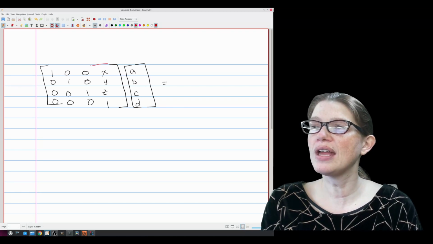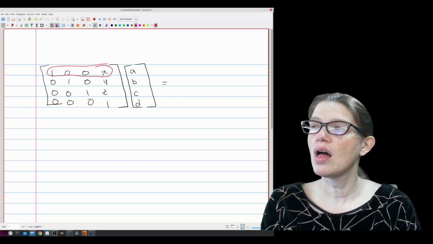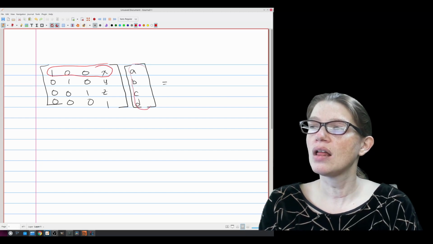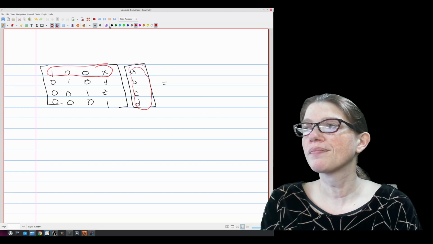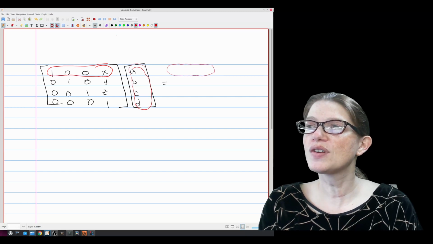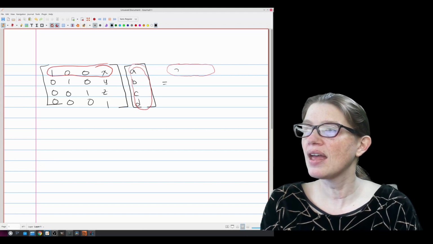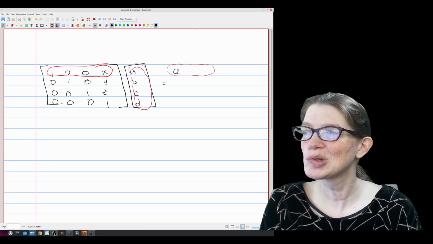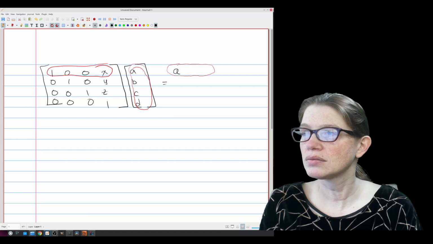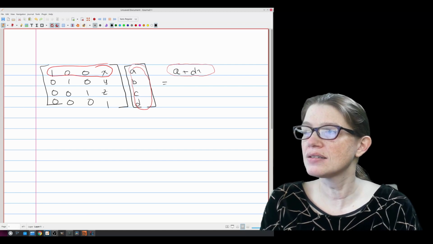And then we're going to perform the multiplication. So we are going to multiply the first row by the first column. And that's going to give us the first element up here. So this actually becomes a plus dx.